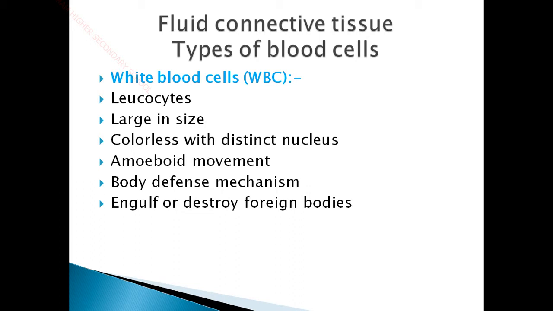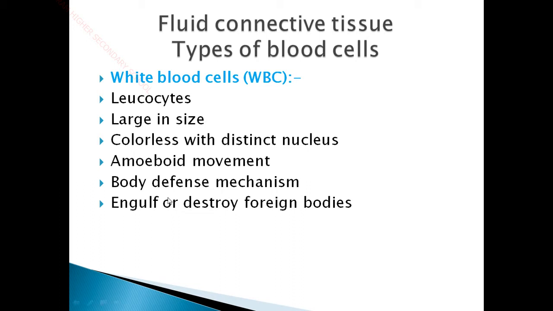So these kinds of WBC cells prove to be our body's defense mechanism. We know very well our immune system is made up of these white blood cells. Our immune system protects our body from external microorganisms and diseases.